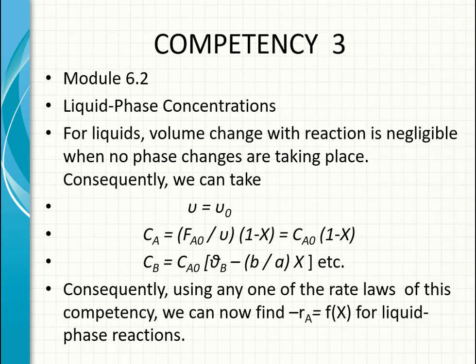And then CA will be FA0 divided by v, all that times 1 minus X. But FA0 divided by v0 is equal to CA0. So CA is going to be CA0 times 1 minus X, and CB is going to be CA0 times theta B minus the ratio of the stoichiometric coefficient of B divided by A times X.